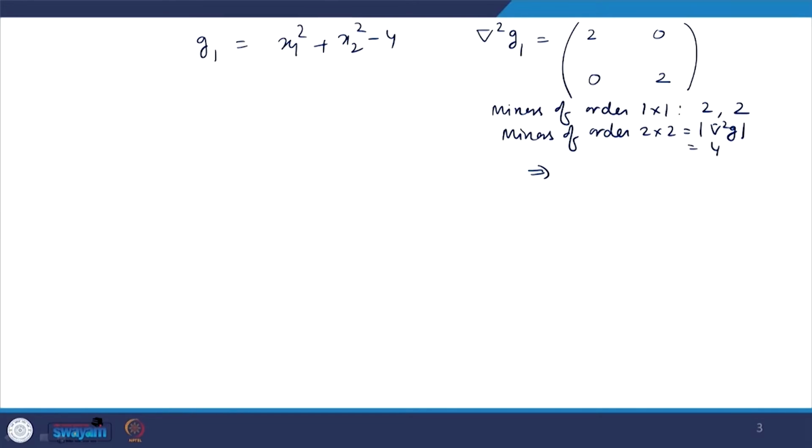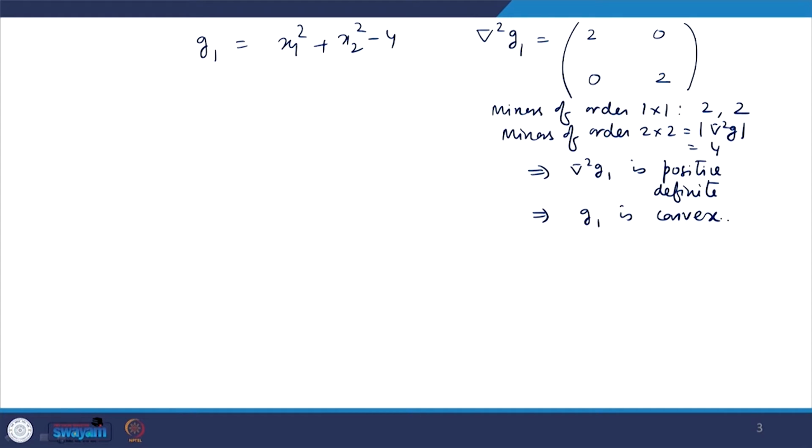So, this implies the Hessian matrix is positive definite, and this implies strictly convex or convex. So, we can say that G1 is convex. So, the first constraint is convex.